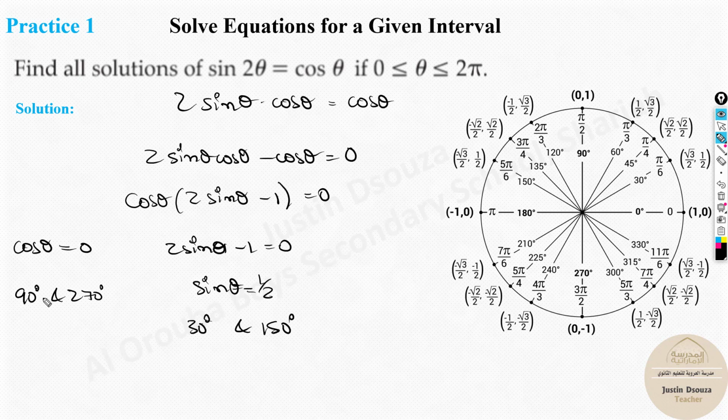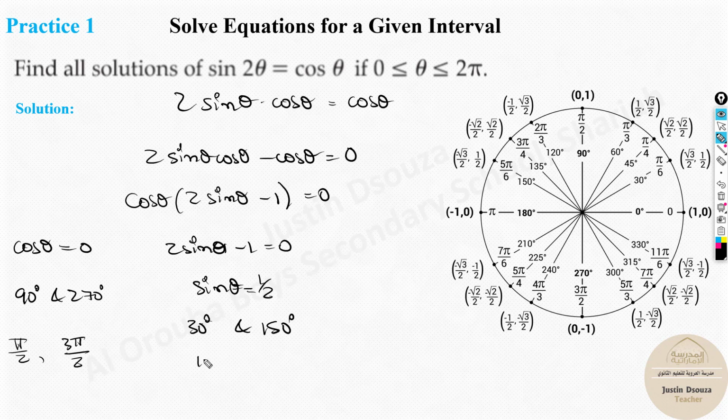Now, if you want to convert them to radians, 90 is always pi by 2 because 180 is pi, and this is half of it, and 270 is 1.5 pi. But we generally write it as 3 pi by 2, or 1.5 pi, it is the same thing. Because see over here, this much is 1 pi, this is 1.5 pi, this is 2 pi.